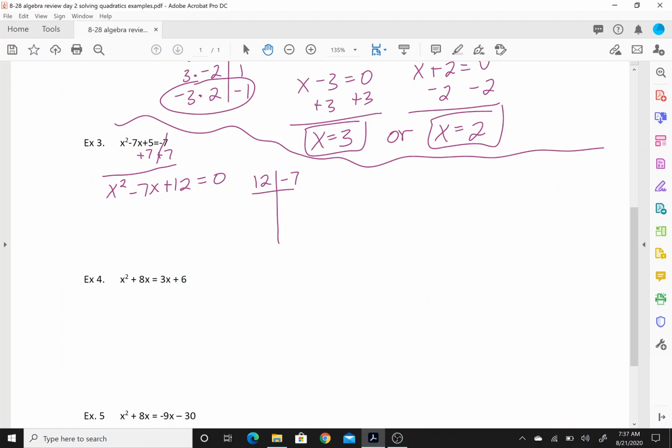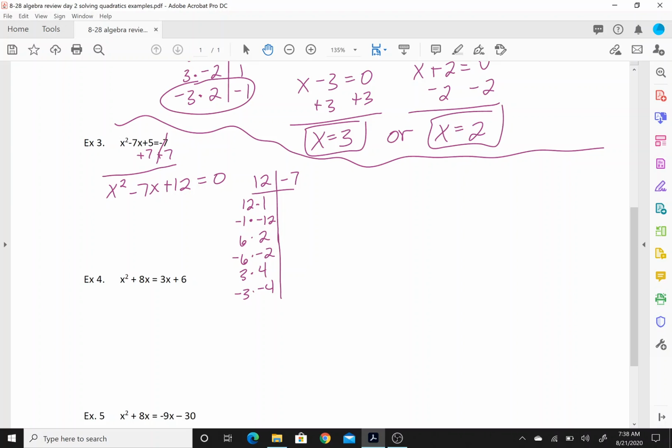You know, because we've got the different signs in our numbers. So 12 times 1 gives me 12. Okay. A -1 times a -12 would give me positive 12 as well. 6 times 2, or -6 times -2. Or we have 3 times 4, or -3 times -4.